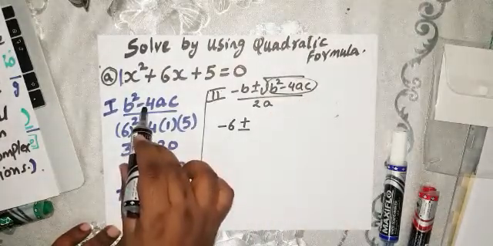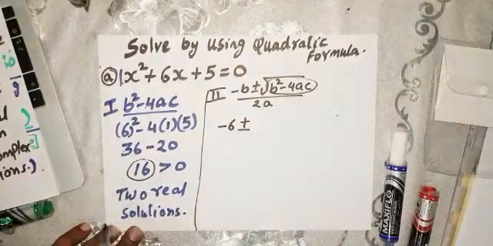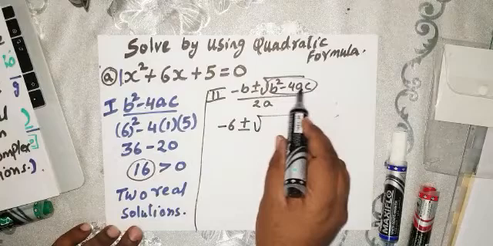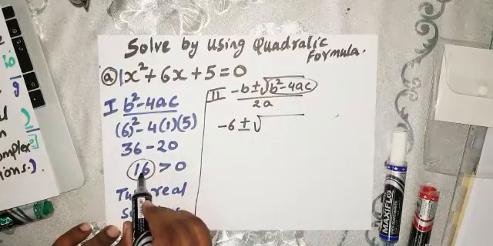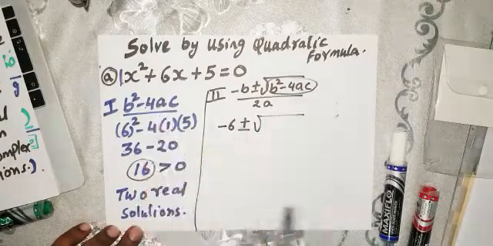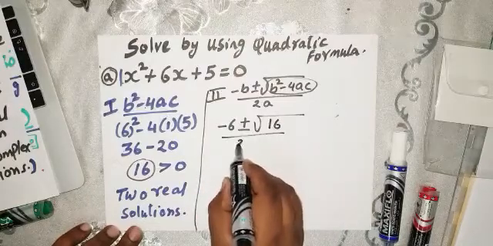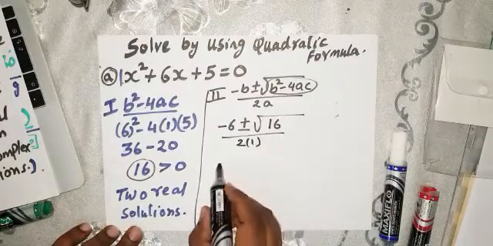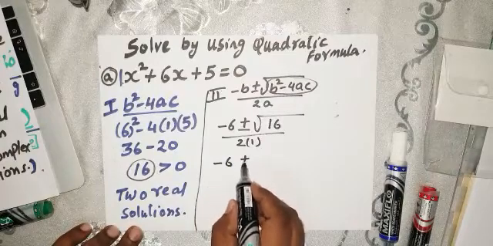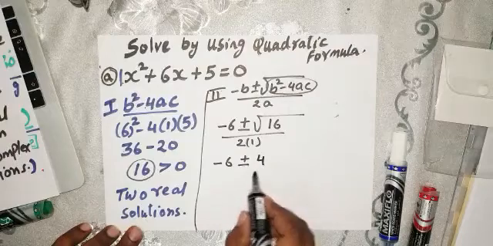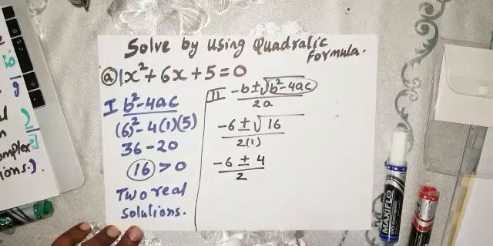It stands for the discriminant and you already got the value of it. So instead of writing all the values of the variables, directly you can write the value of the discriminant, because b square minus 4ac is the discriminant. So you can say 16 over 2 times 1. So we have minus 6 plus or minus square root of 16, which is 4, over 2.